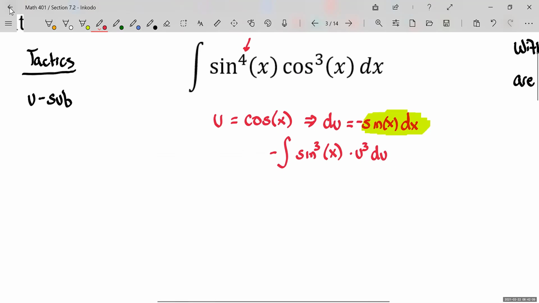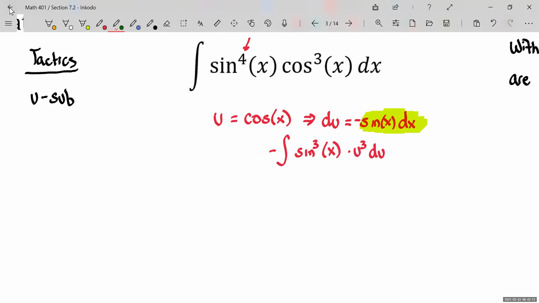On the other hand, if you were to do u equals sine of x, just think about what du will steal away. It'll steal away a single power off of this cosine, which will make it an even power in the end, and that's exactly what I want. Now, you may think, why does he want an even power on that? How is that going to help us? Well, you'll see.